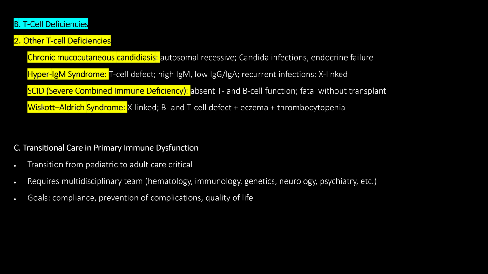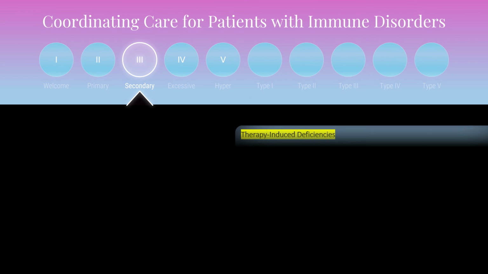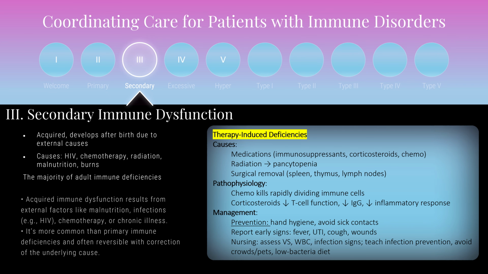Okay, moving forward. We are now in the secondary. It's a little bit confusing why it's here 3 and here it's secondary, right? So the secondary immune deficiency is acquired and develops after birth due to external causes. The causes can be HIV, chemotherapy, radiation, malnutrition, burns.